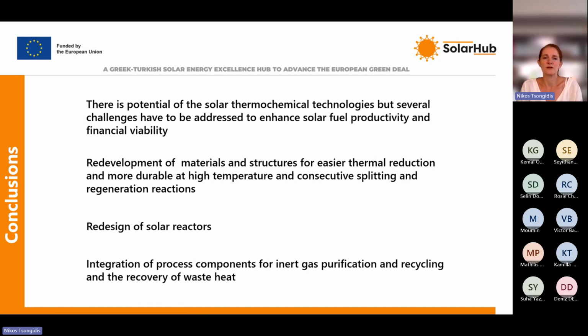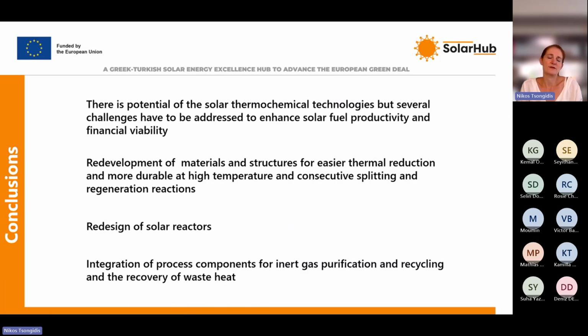So we are still talking about low TRL levels, and we are still far from commercializing these technologies, and we need further research back to the fundamentals and to the material level in order to enhance the efficiency of the process and improve the financial viability of such processes.